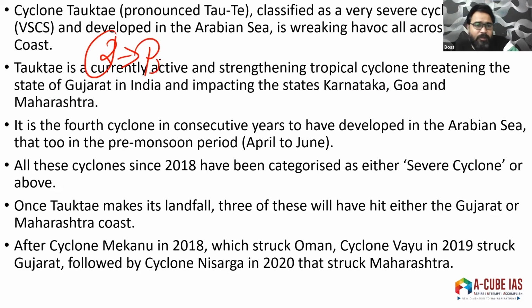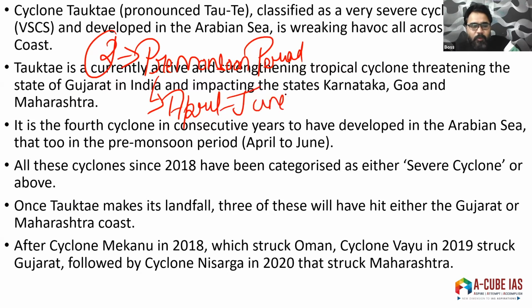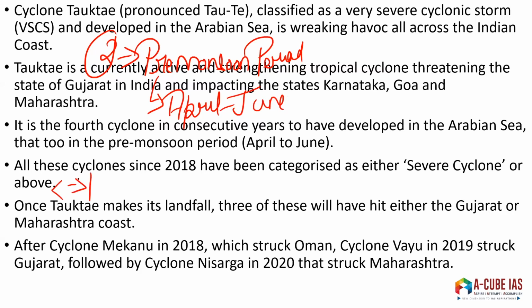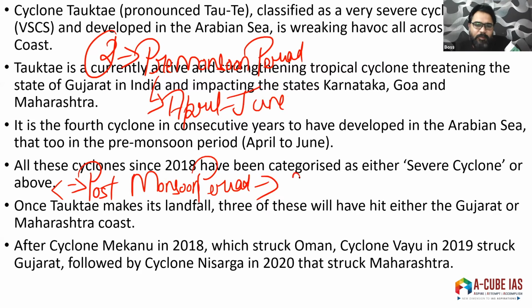One is the pre-monsoon period, which means the months of April to June, whereas the other one is the post-monsoon period, which means from October to December.